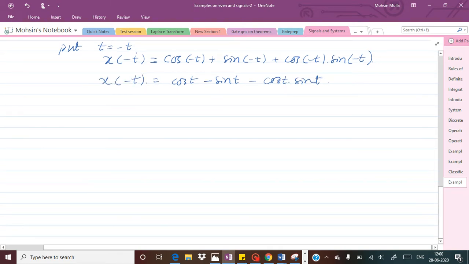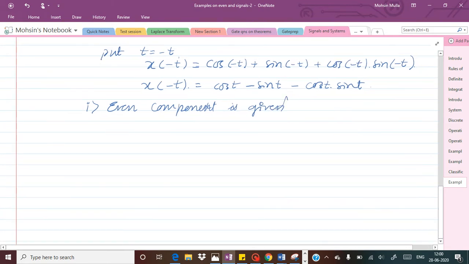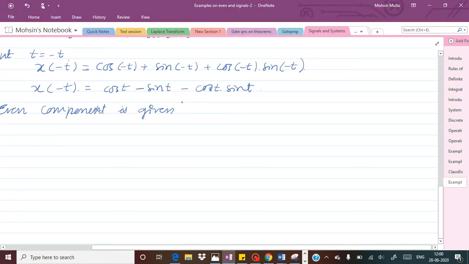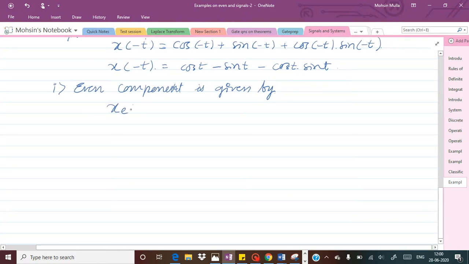Now let us try to find the even component. Even component is given by x e of t equal to 1 by 2 times x of t plus x of minus t.